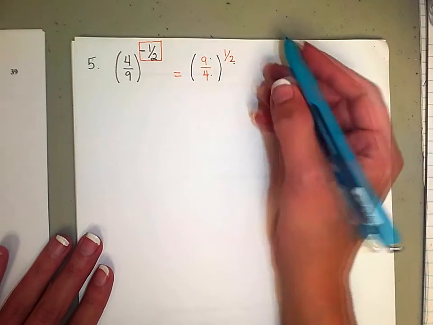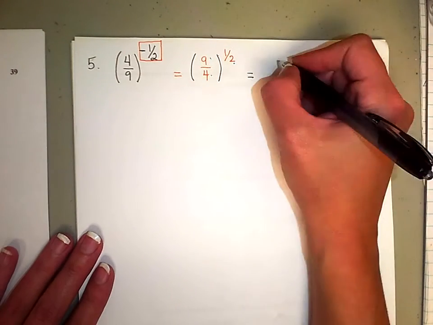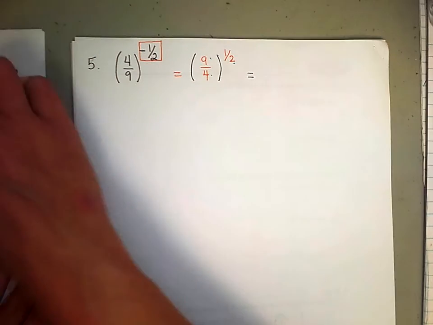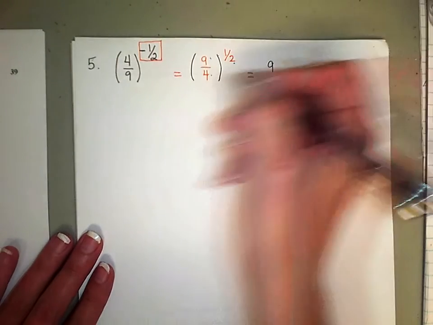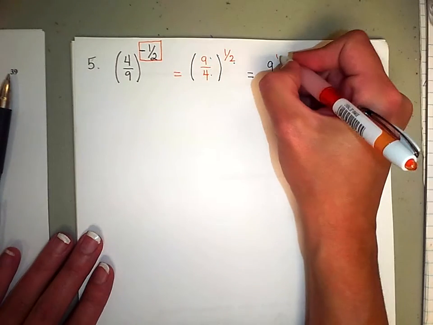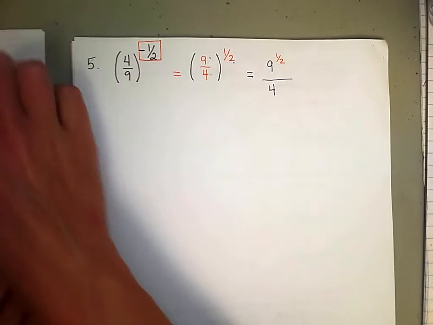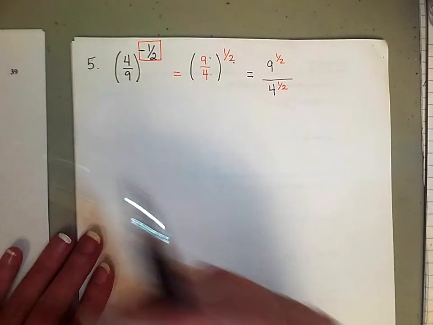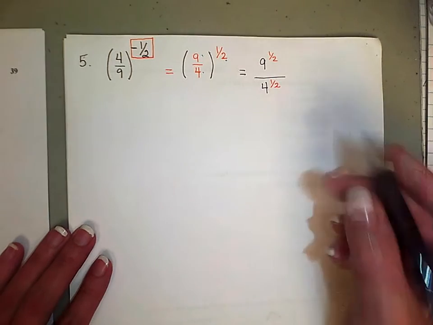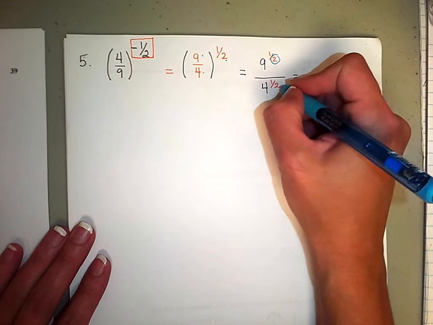I have a quotient to a power. So let's remember the rule that says that's the same thing as the numerator to the power divided by the denominator to that power. And now we can change our fractional exponents, our rational exponents. Remember, these are the roots, so we'll be taking the square roots.